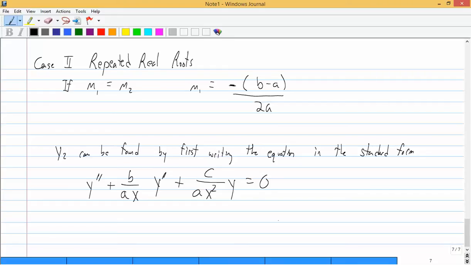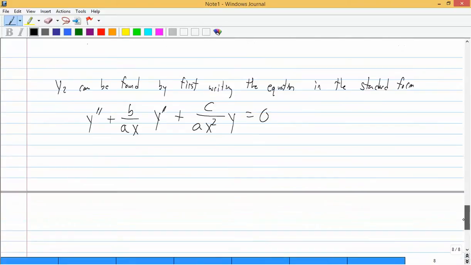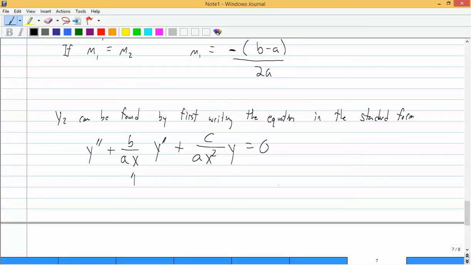All right, so to find this other solution here, we have to take a look at the p of x. The p of x is the term that's in front of y prime. This was p of x in the standard form of the differential equation. This is q of x, but we're only worried about p of x.